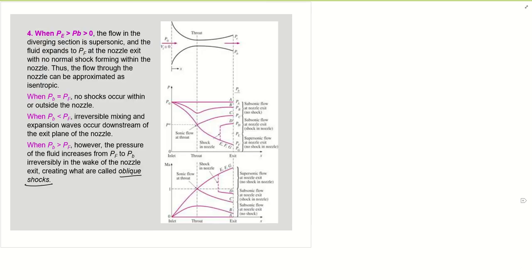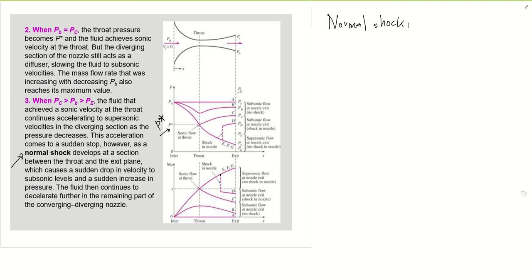That is what happens for a converging nozzle connected to a diverging nozzle. A normal shock will happen when we set the pressure PB equal to PD.